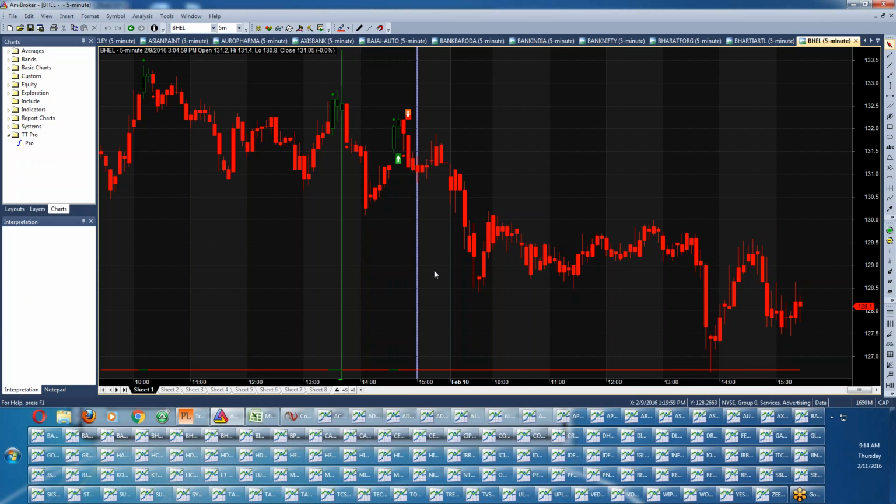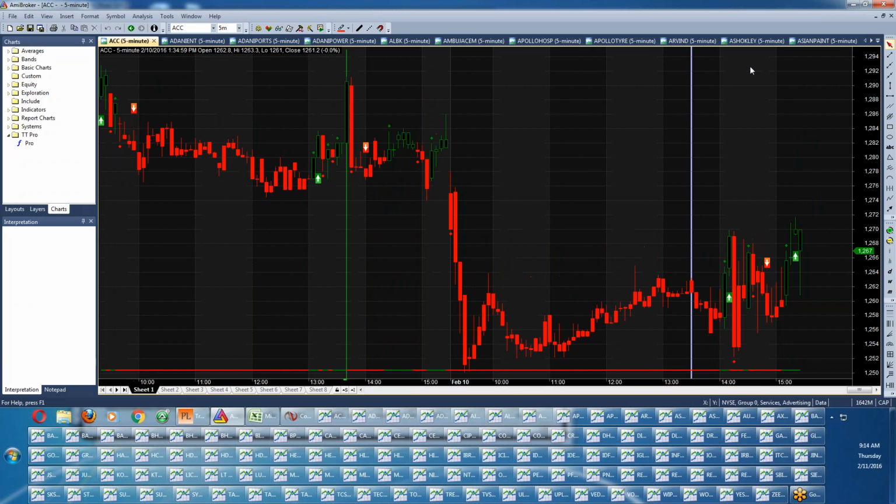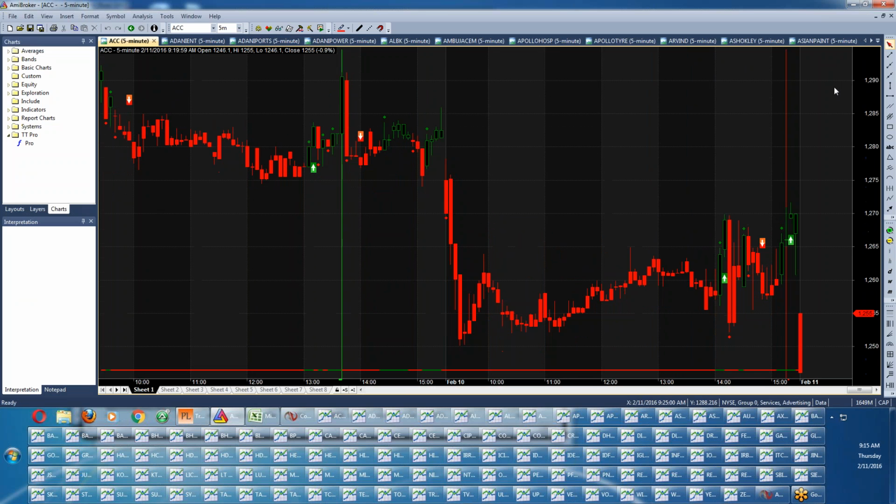We'll compare the calls that get generated in your CashTree with this particular application that we have in Ammybroker, where we will be able to see the levels. So there we go.